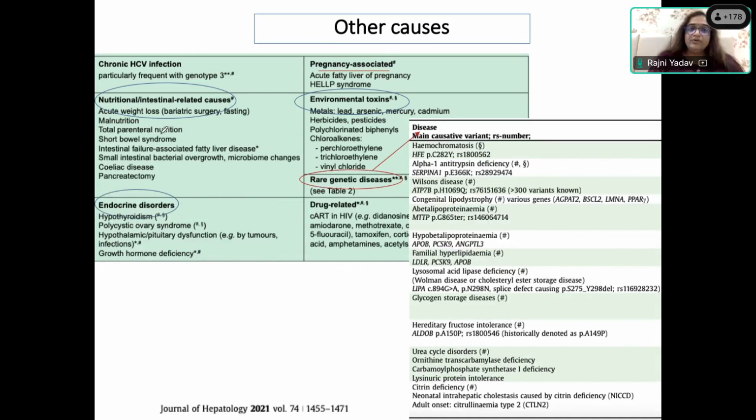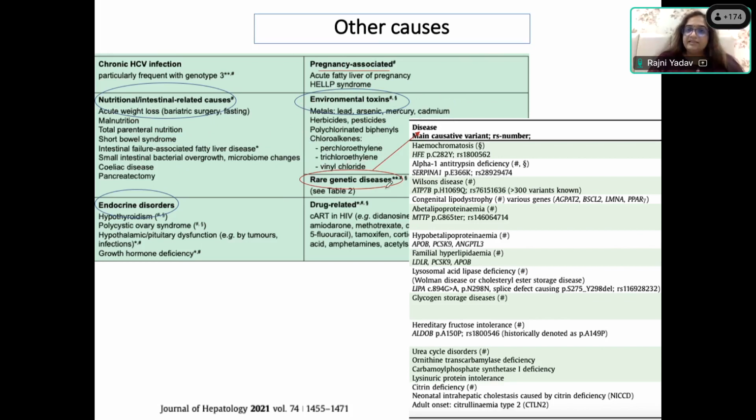Not even overnutrition, but malnutrition, total parenteral nutrition, small intestinal bowel diseases and short gut syndrome can all lead to a steatotic liver, even acute weight loss. Then the toxins which are there nowadays in every other food item are coming up as a major cause of liver injury, especially the steatotic pattern.